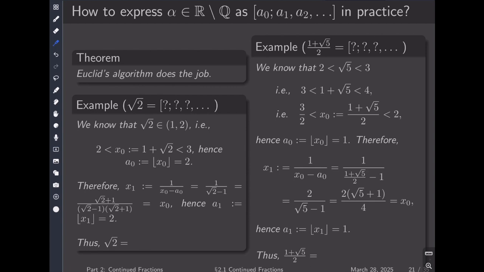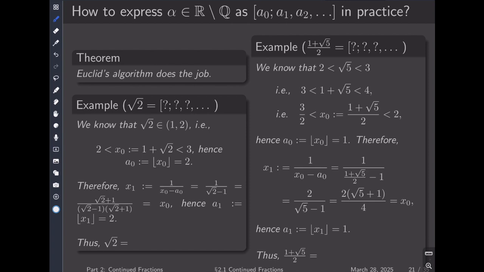Sorry, here I'm getting confused. a0 is 1, and your x is 10, I think. Then you put 1 over x minus a0, and you put a0 equal to 1. Yeah, I did something very strange. a0 is the integer part of 1 plus square root of 2, which should be 2.